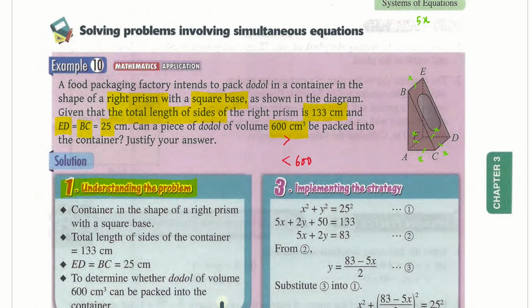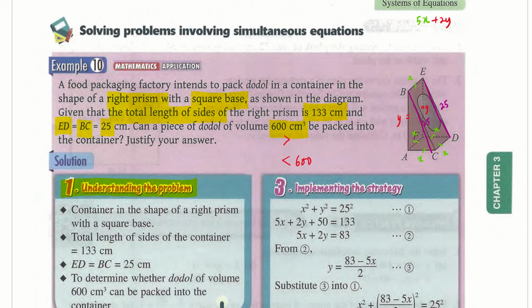And this length and this length should be equal. Let's name the unknown y. So how many y's do we have? We have 2y. Also, the information here says that the lengths of BC and ED are equal to 25. So this is also 25.